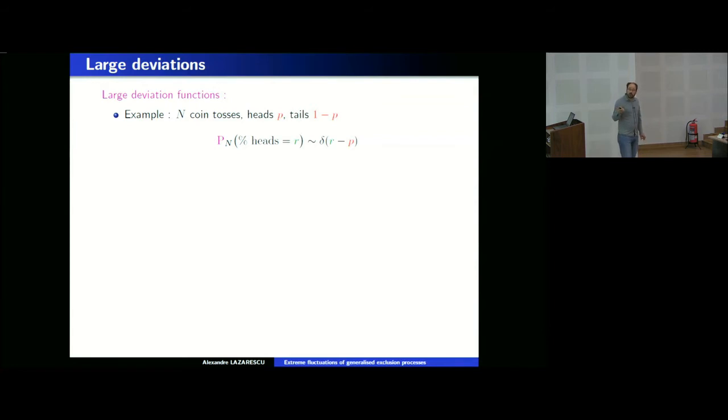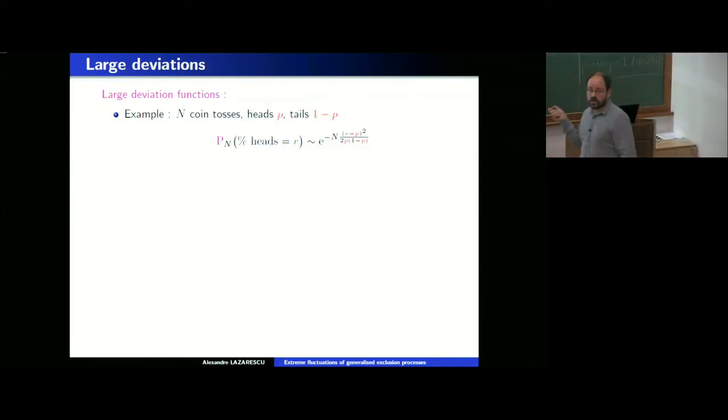As you know, the law of large numbers tells you that this number converges almost surely to the probability of heads p, and the central limit theorem is a bit more precise. It tells you the way that it converges is through a Gaussian distribution with a standard deviation of 1 over square root of n.